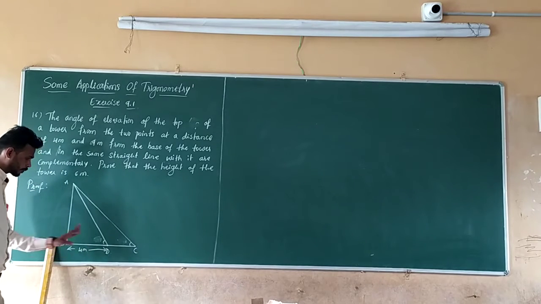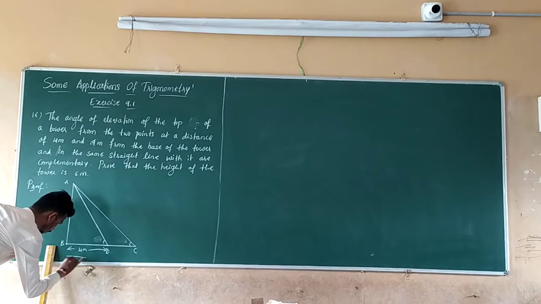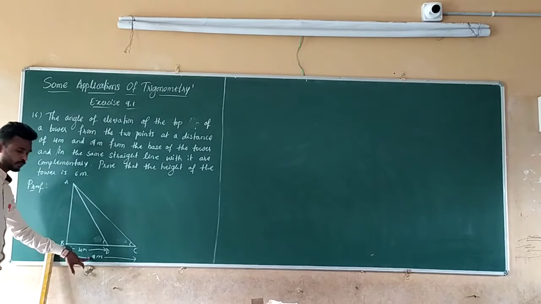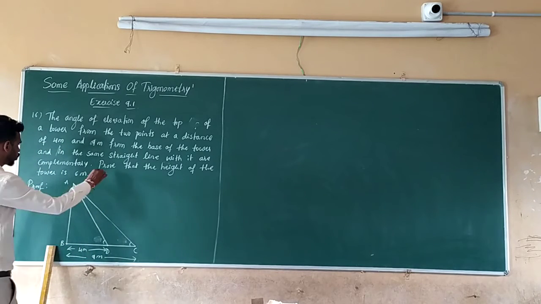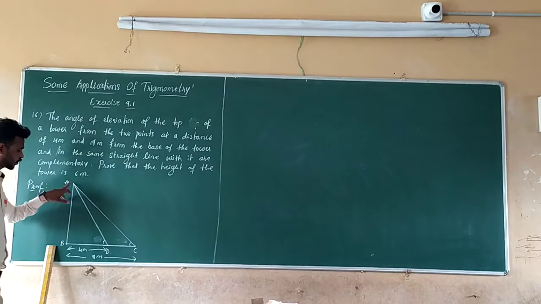Point D is 4 meters from the foot of the tower, and point C is 9 meters from the foot of the tower. Then show that the height of the tower is 6 meters, AB equals 6 meters.